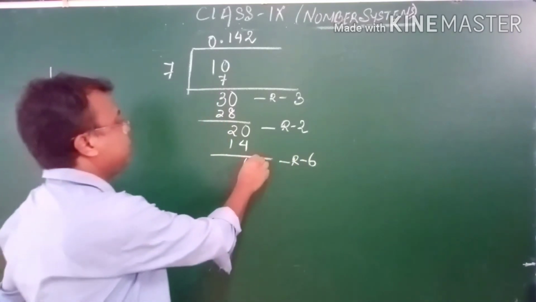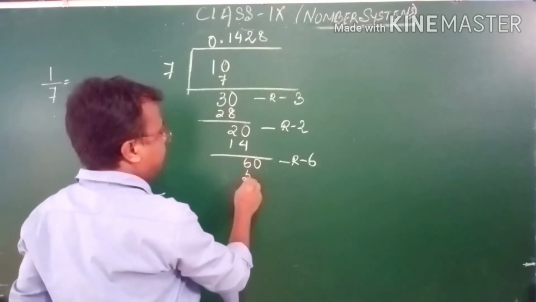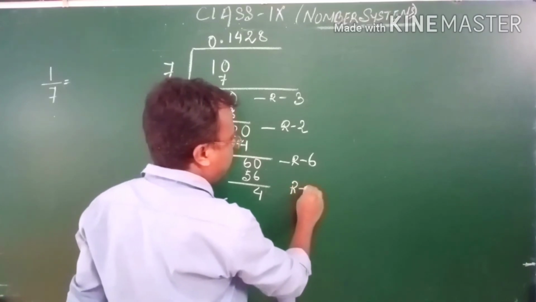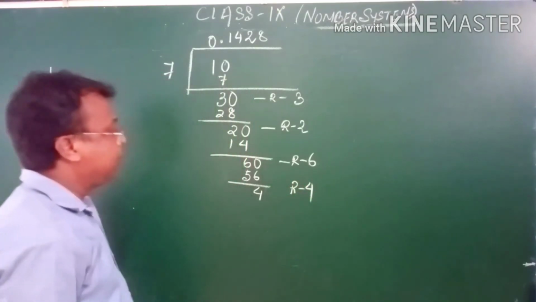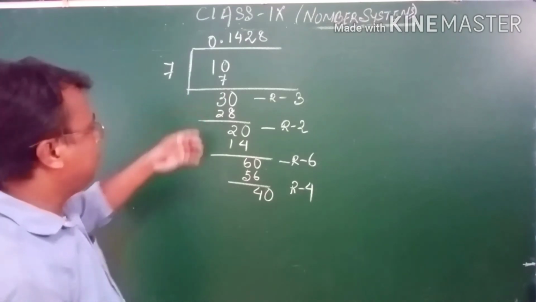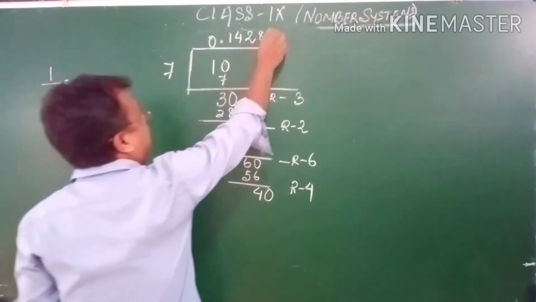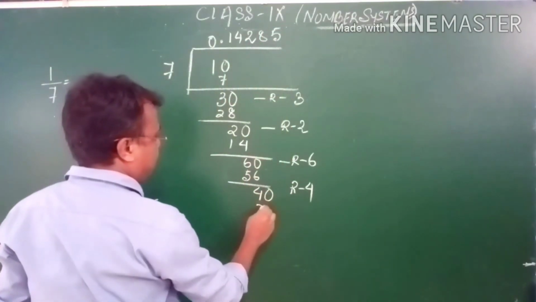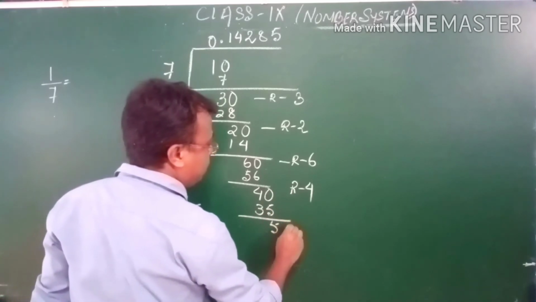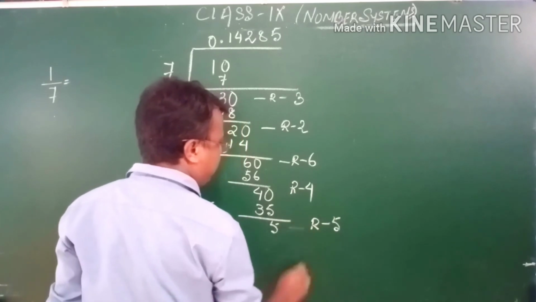Again you put 10. 7 8s are 56, so 10 minus 6 is 4. The remainder I got is 4. Here put 10. 7 5s are 35, so 10 minus 5 is 5. In this case the remainder is 5.